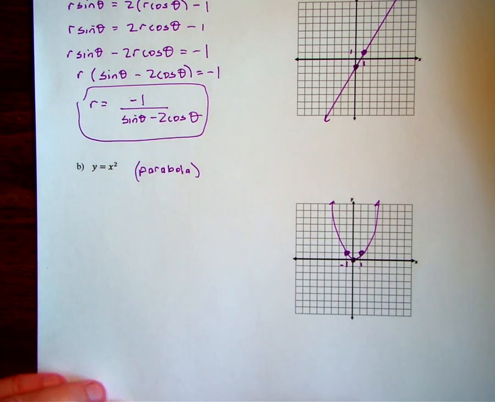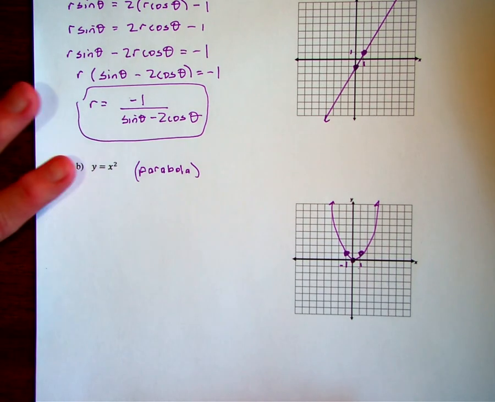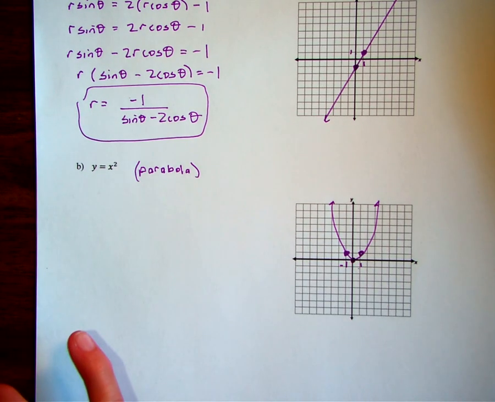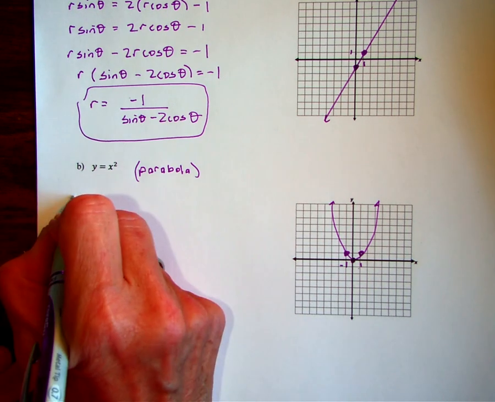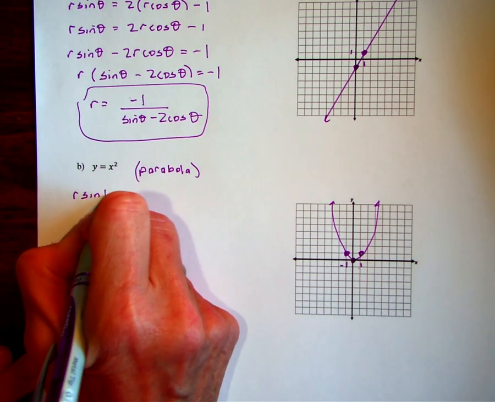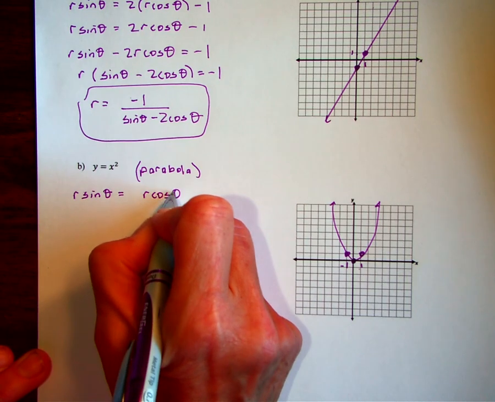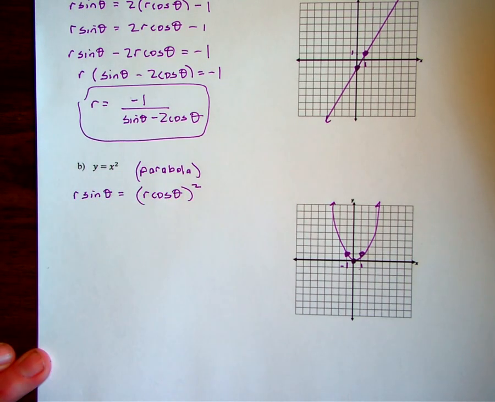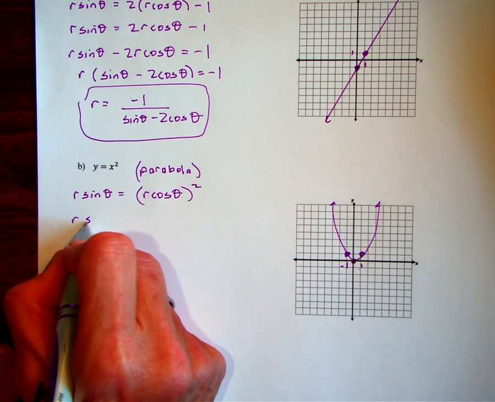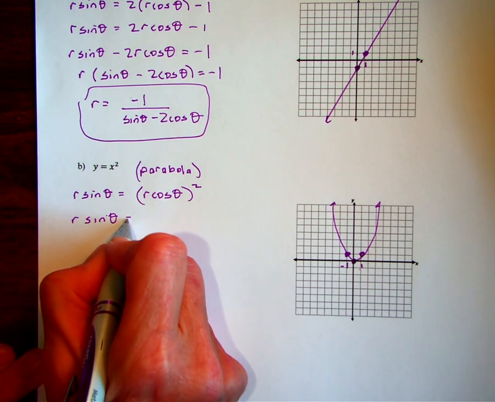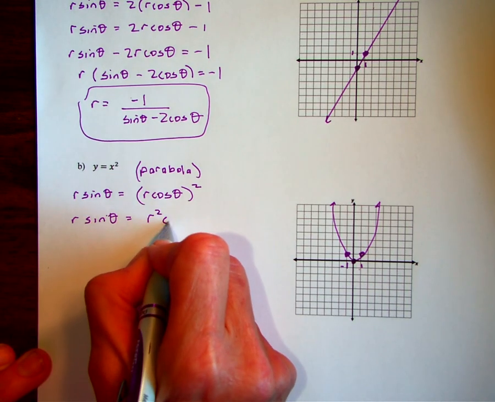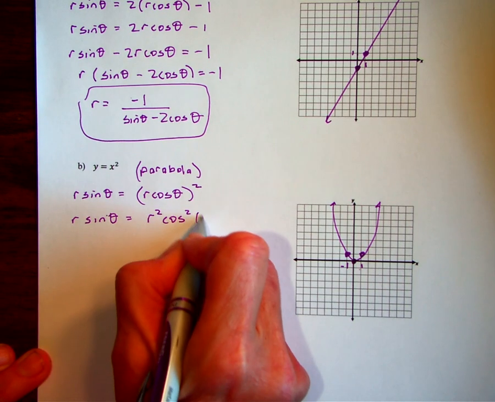All right, so there it is in rectangular. What's it look like in polar? So y is r sine theta, x is r cos theta, quantity squared. That's r sine theta equals r squared cos squared theta.